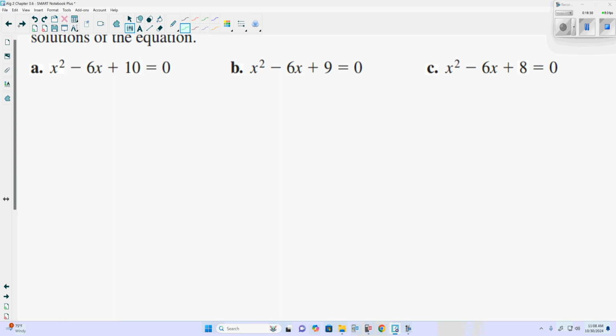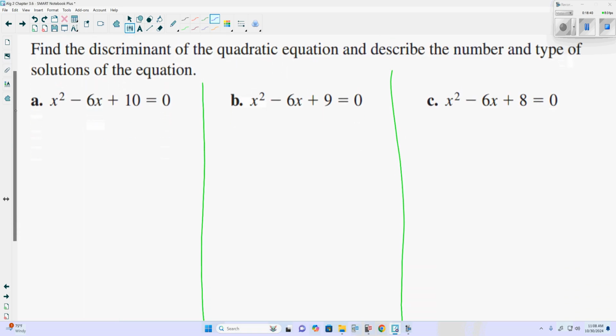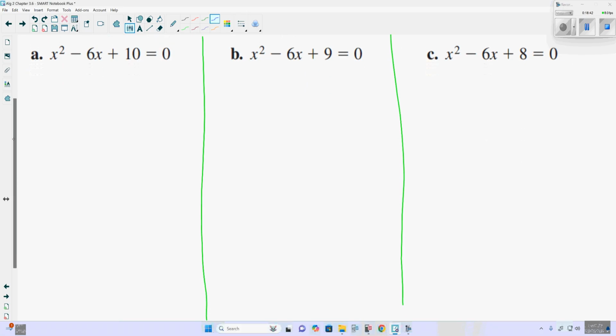So when we look at these next few lines down. Find the discriminant of the quadratic equation. Describe the number and type of solutions of this equation. So we're really looking for the value of b squared minus 4ac.